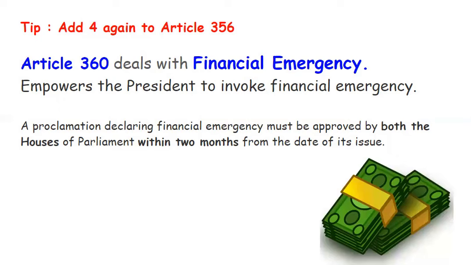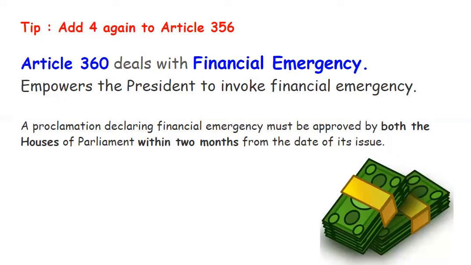Please remember this. To declare the financial emergency, approval of both houses is needed, but to revoke it, there need not be an approval taken from any of the houses of parliament.